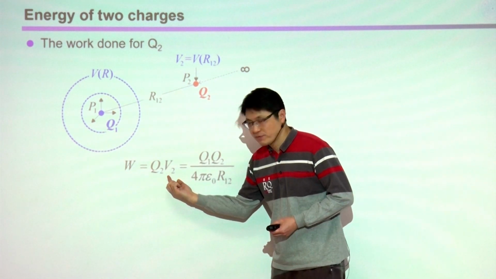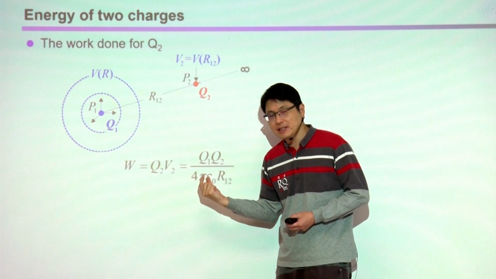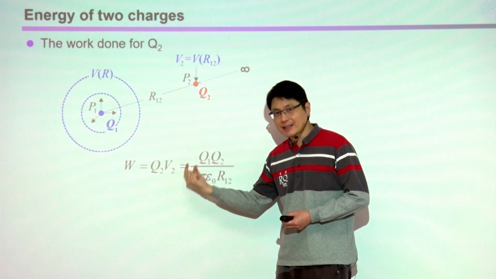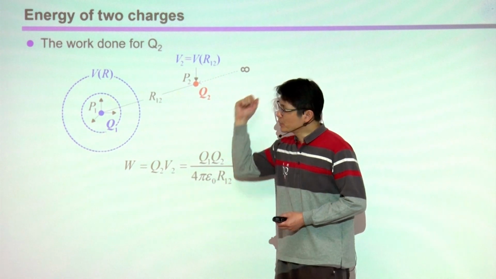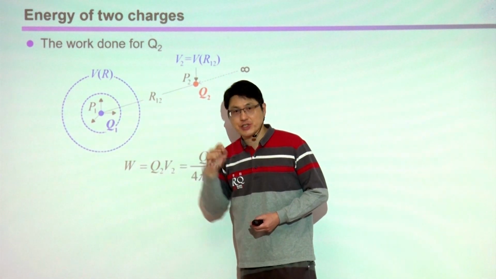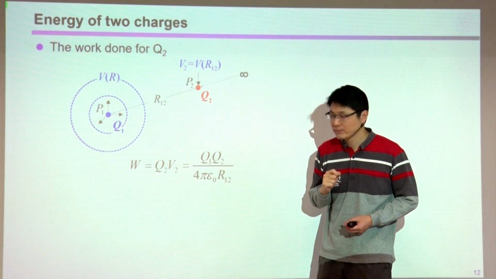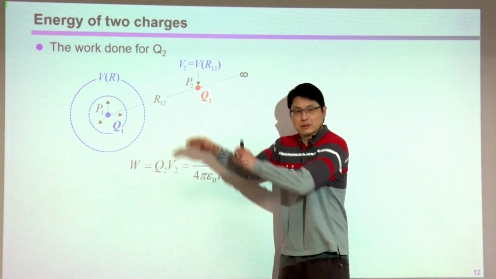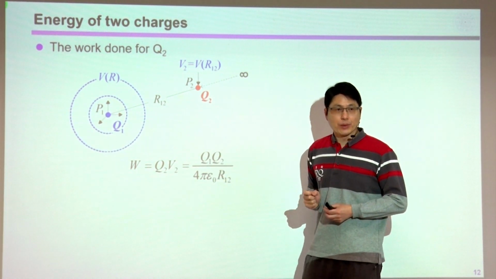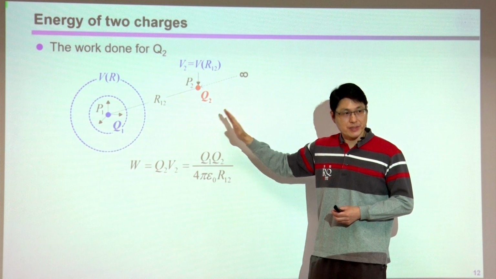So therefore, this V2 is actually the work that needs to be done to counteract the field lines generated by the first charge. Okay? So Q2 V2 is the amount of energy being stored in this simple system.